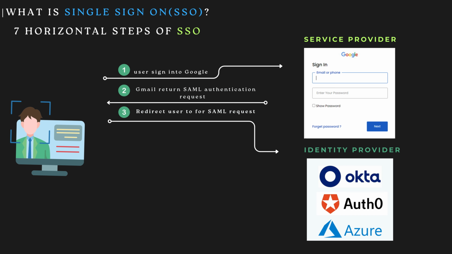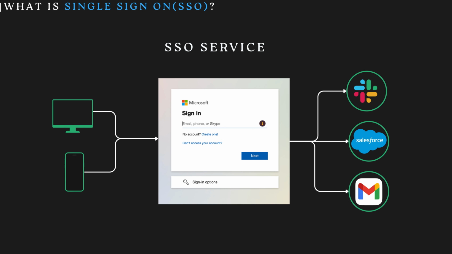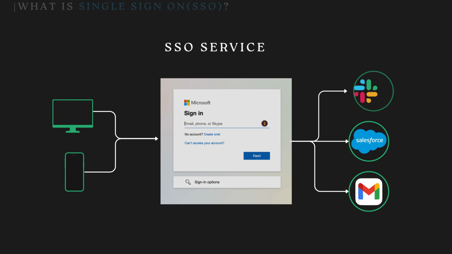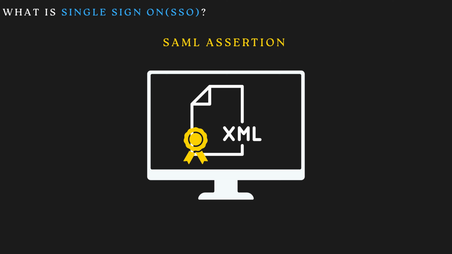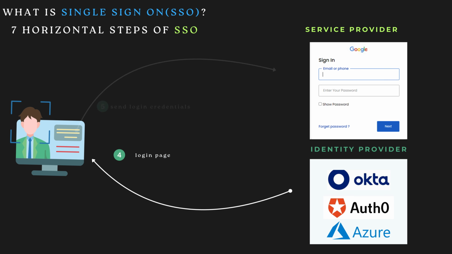The identity provider shows the login page. The user logs in, and if successful, the IdP creates a SAML assertion, which is a digitally signed XML document that contains the user's identity and access details. This is sent back to the browser and then forwarded to Gmail.